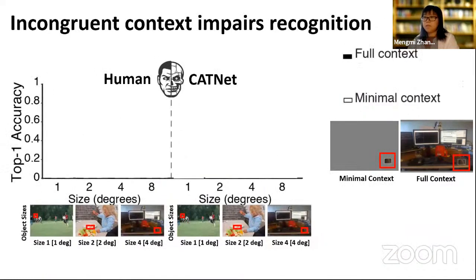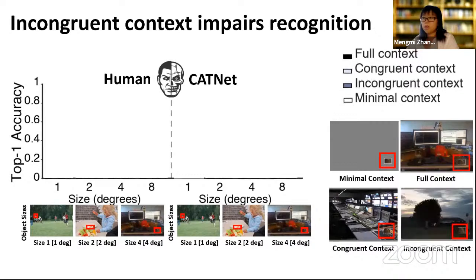Then, given that the low-level textures did not help and could even hurt recognition, we next studied recognition when objects were removed from the original image and placed in the same location but in different images with either a congruent context or incongruent context. What I mean by the congruent context is that the target objects and the objects in the context belong to the same class label, and vice versa for the incongruent context.